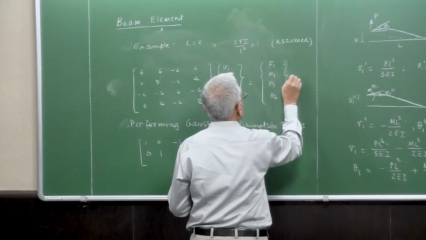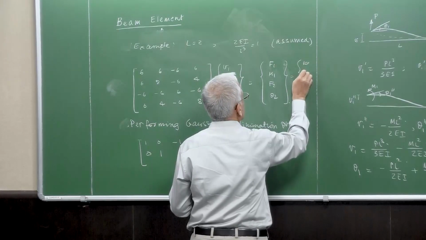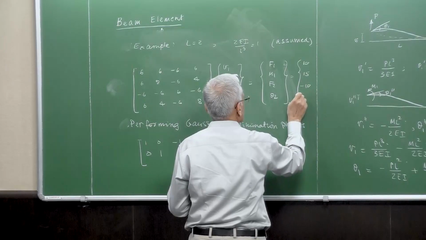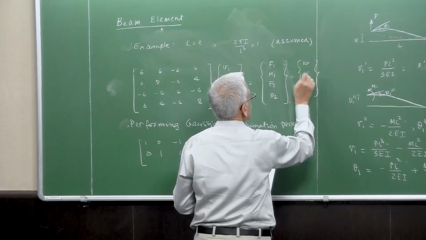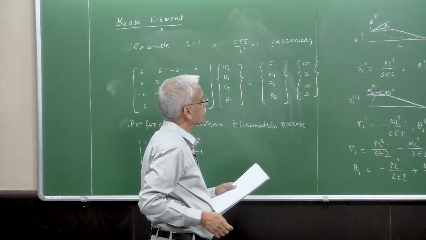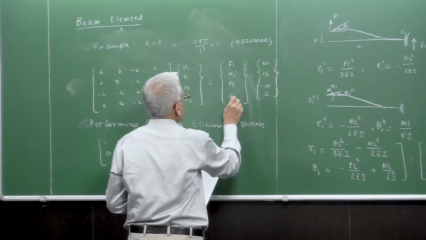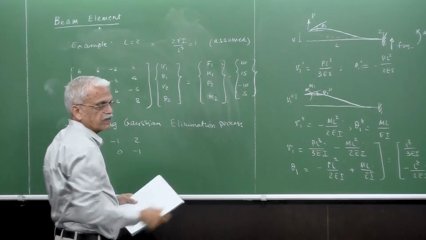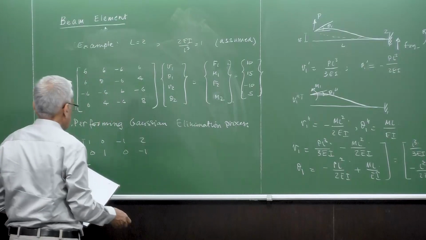So let us say we have taken F1 to be 10, M1 is 15, F2 is equal to minus 10, and, sorry, this is not theta 2, M2 is 5. I'll explain why we have taken that. I'm just illustrating it with a numerical example.